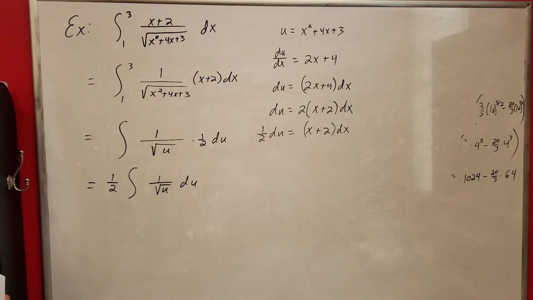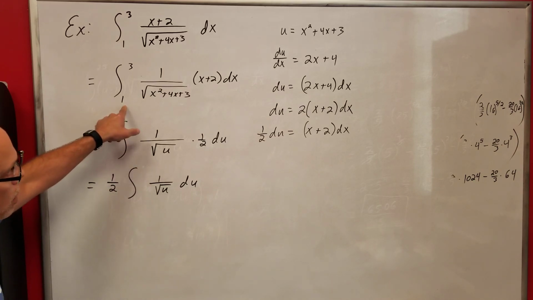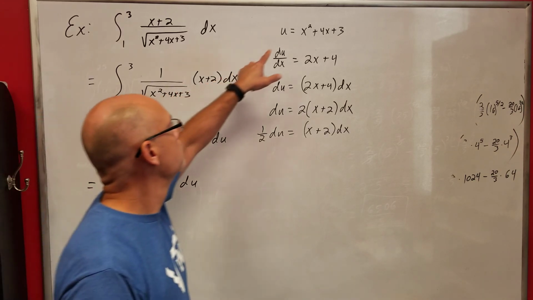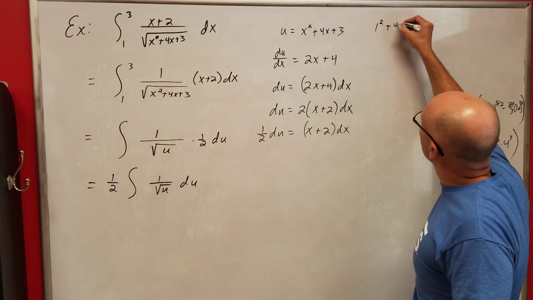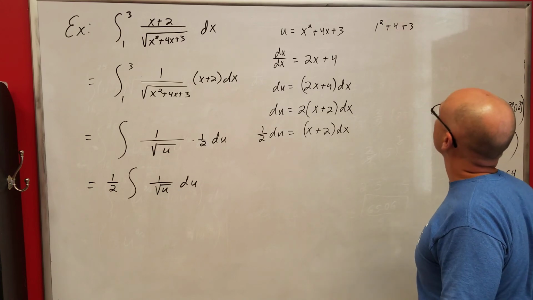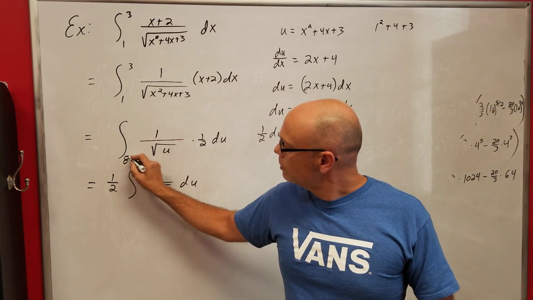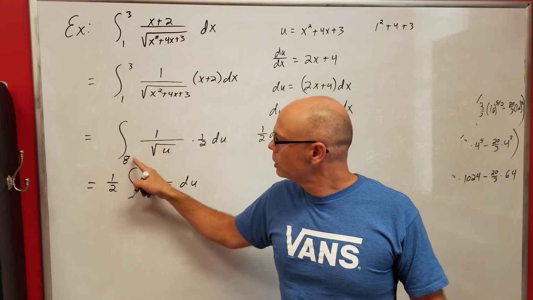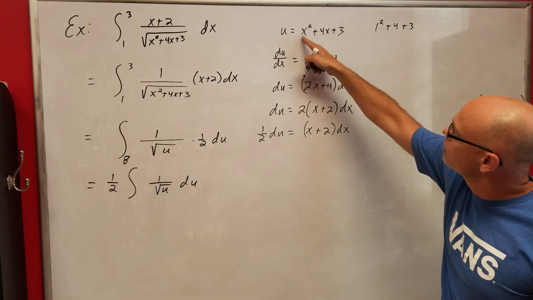Let's insert our limits of integration here and here. When x was 1, plug it in here. What do I have? 1 squared plus 4 plus 3. What does that give me? 8. So my new lower limit of integration went to 8. How about my upper limit of integration, when x is 3?